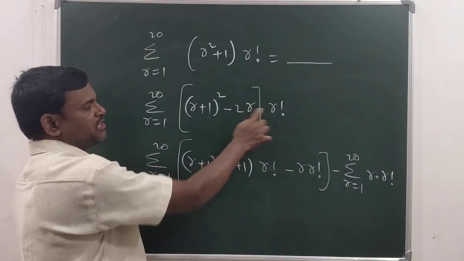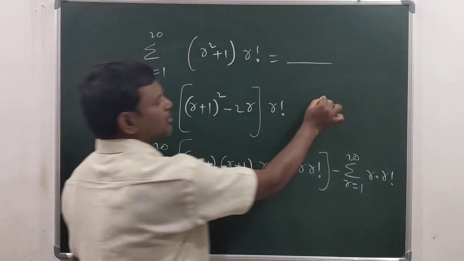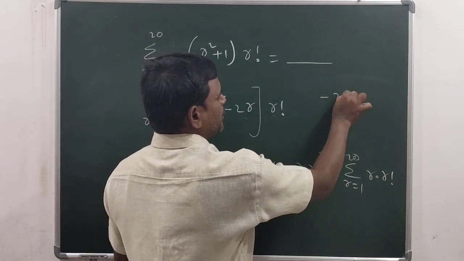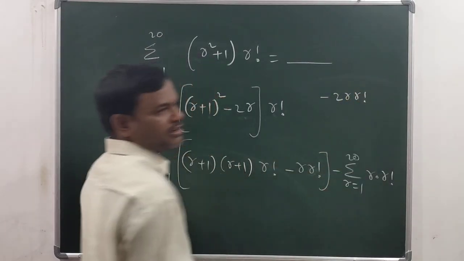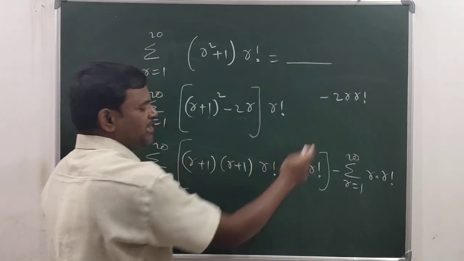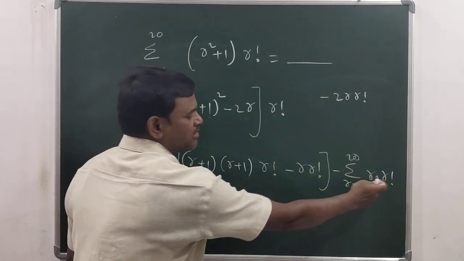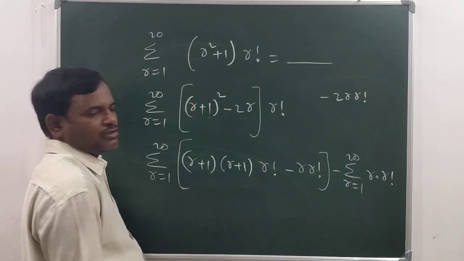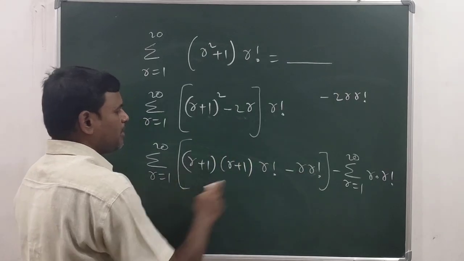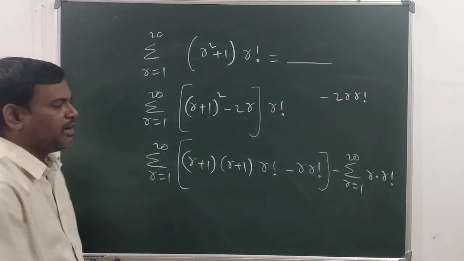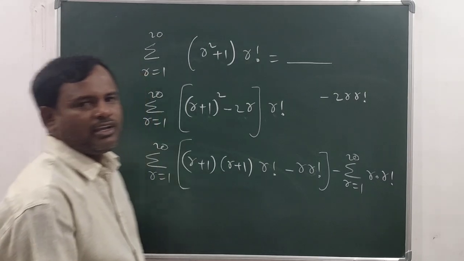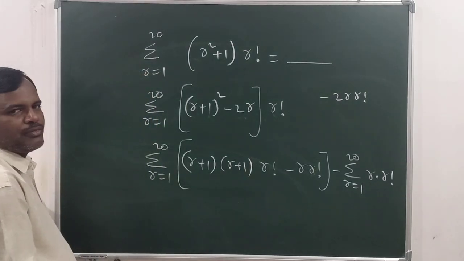So here, when you send this one inside, minus 2 into r factorial you will get. But this one I split as minus r factorial minus r factorial. So this minus r factorial I kept inside of this bracket, and this one I kept outside. Why? You will come to know in the next step.